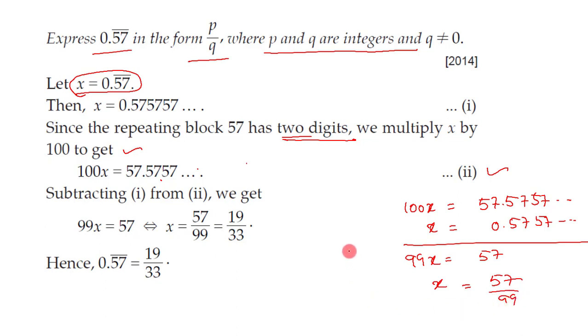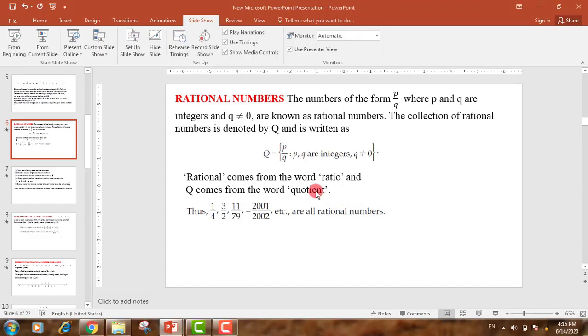Both are divisible by 3. On simplifying, you get x as 19 by 33. So 0.57 bar can be written in the form of a fraction as 19 by 33. Okay, these are the important concepts which are necessary to learn about rational numbers.